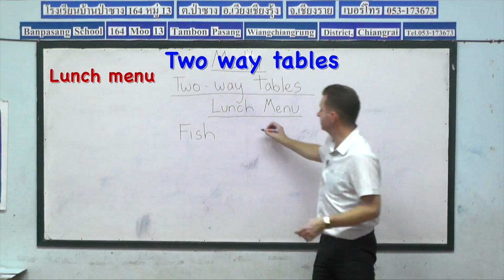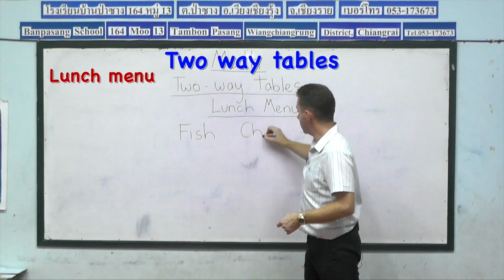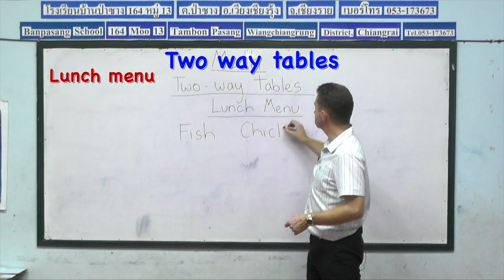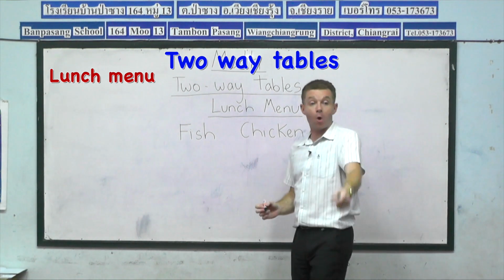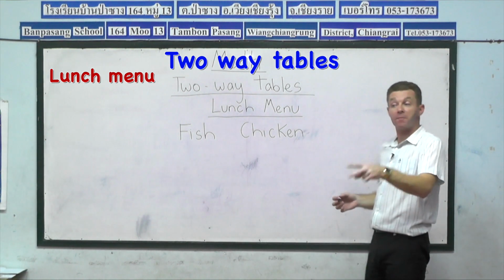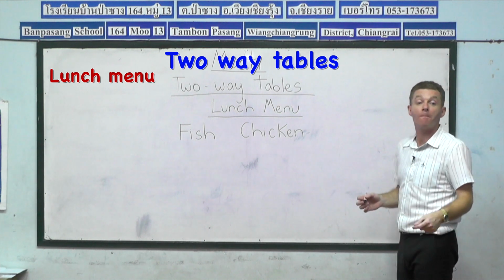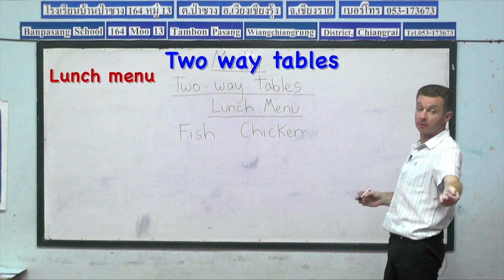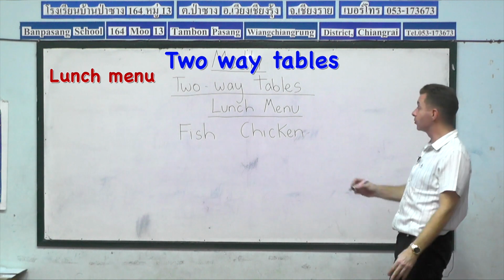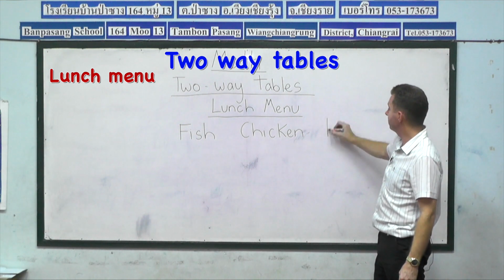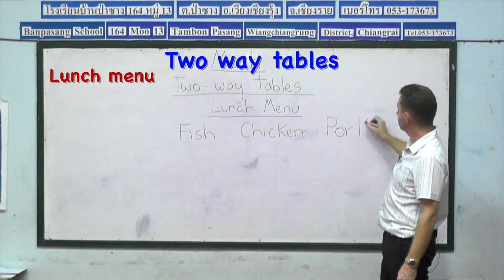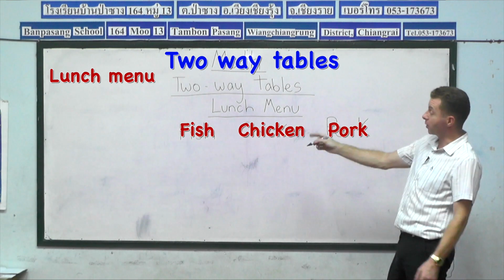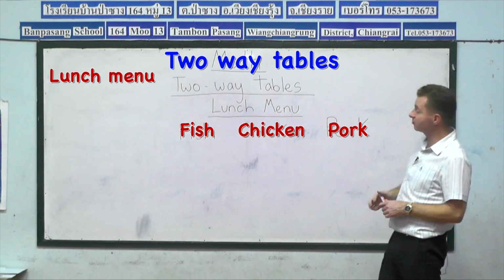Fish, chicken, C-H-I-C-K-E-N, and then pork. Okay? So when we talk about pig as a food, we say pork. Yes. Pig the animal, but then when we talk about it as a food, it's pork. P-O-R-K.